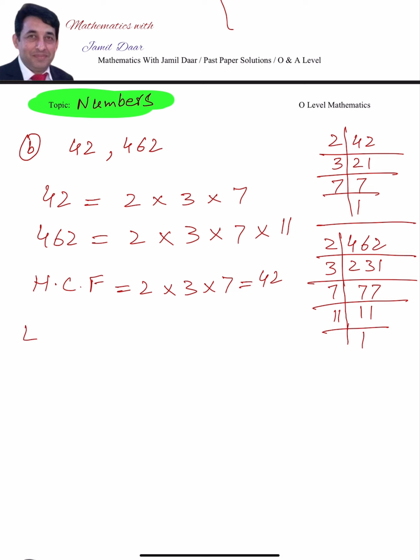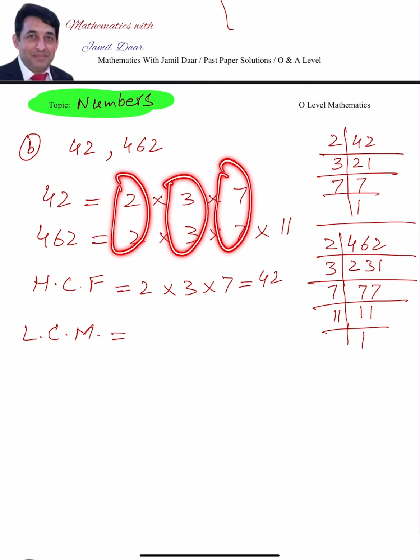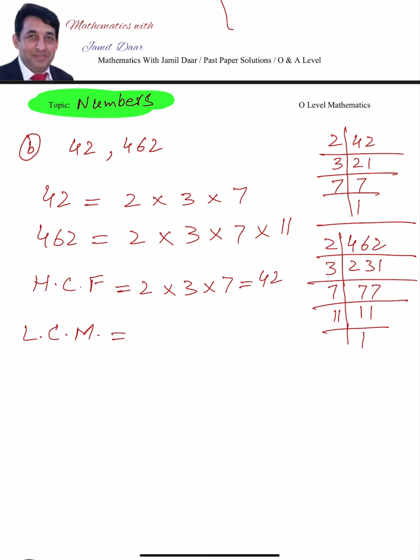And LCM is the commons and non-commons both. So common, common, common, and non-common. So 2 into 3 into 7 into 11. So 11 twos are 22 and 11 fours are 44, 462.